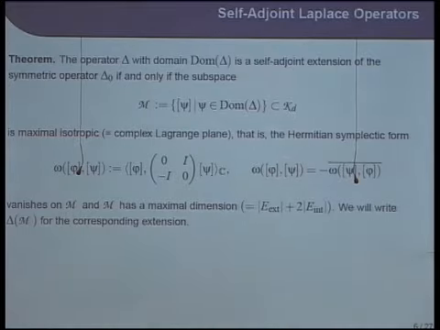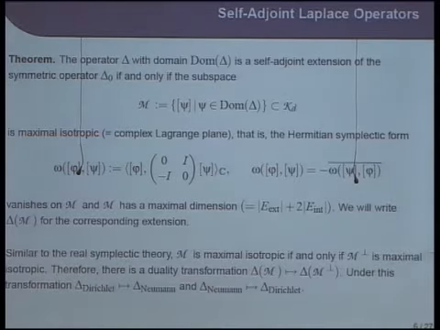By interchanging the arguments of this form, we get the sign minus, but this is not all. We also have a complex conjugation. This is the difference from the standard real Lagrangian case. Okay, if M is given, then we will simply denote by delta of M the corresponding self-adjoint extension.